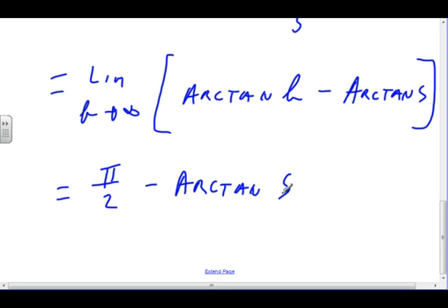And that's close to 90 degrees, and I'm going to look at arc tangent of 4 million. And I'm getting closer to 90 degrees. So that's how I would do it.